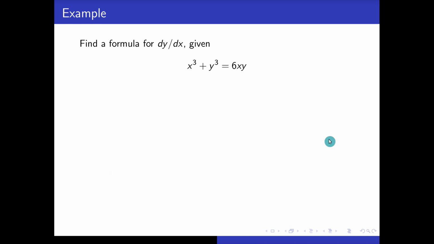All right, so maybe we can try another one. Recognize this curve? Again, we're going to treat y as a function of x, but in this case, we're just going to try to differentiate this expression as it stands. So x cubed becomes 3x squared, y cubed becomes 3y squared times y prime. Did you get that one?